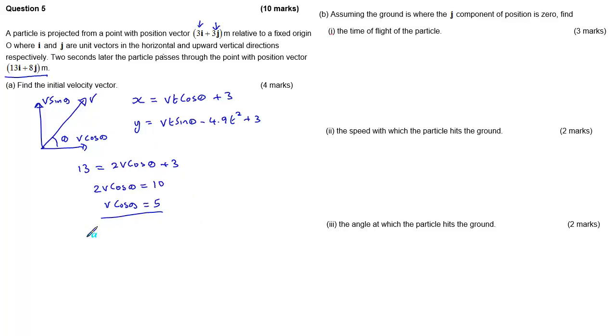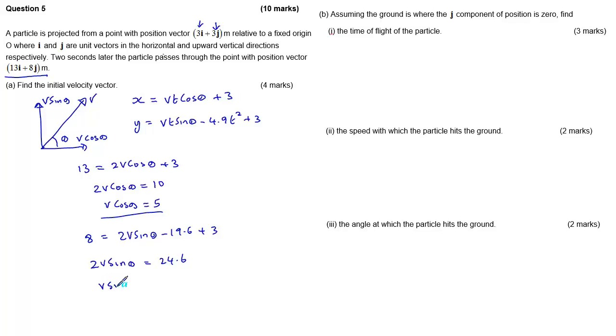Now going to here, so we've got 8 is equal to 2v sin theta, and we're talking about when t is 2, so 4 times this, so let's take away 19.6, add 3. So 2v sin theta would be, so this is negative 16.6, add that onto 8, would give us 24.6.